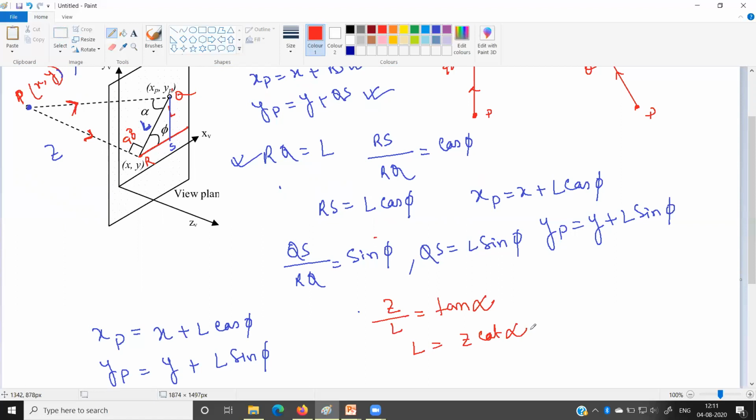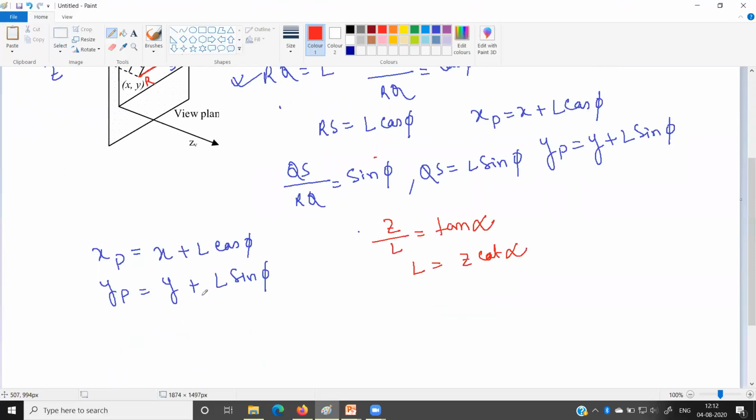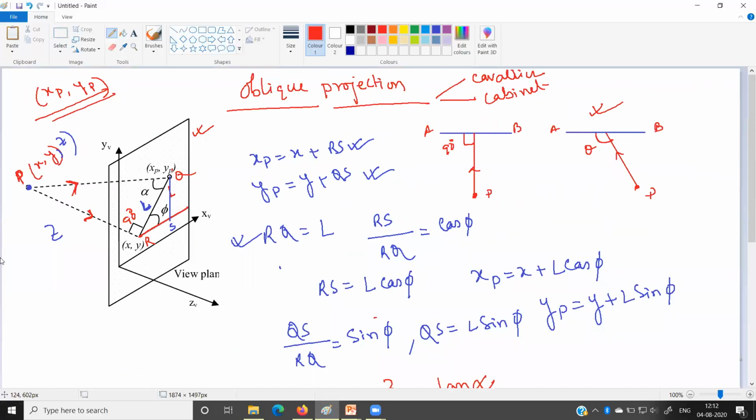So what we will do over here, we will replace this L by Z cot alpha. So if you replace L by Z cot alpha, then you can compute the XP and YP. So in this way, you can compute the coordinate of the projected point in case of oblique projection.